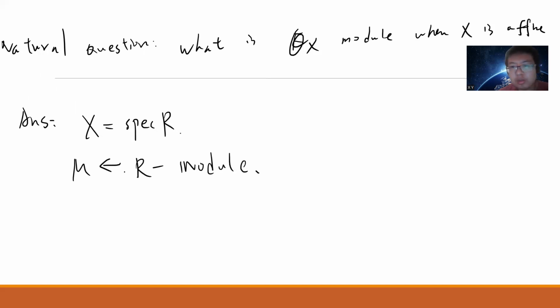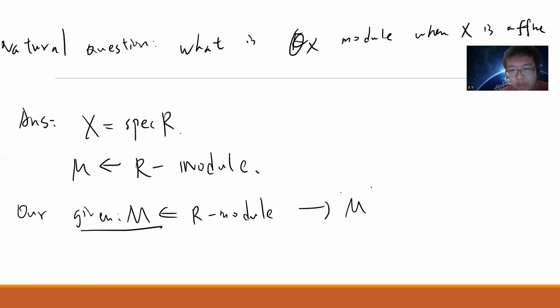Our goal is: given M, an R module, we want to construct M tilde, which is the OX sheaf, the sheaf of modules on this affine scheme X.